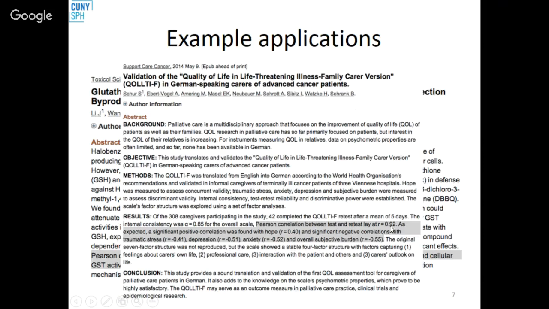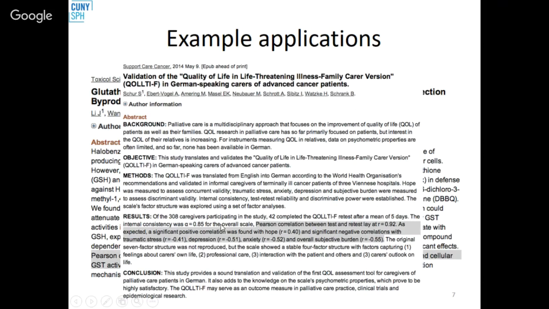This is a high Pearson correlation that tells you that when you give the test to the same people two times, you have high correlation between their scores in those two tests. The maximum is actually 1, so 0.92 tells you that it's very closely related if you give the same test two subsequent times.